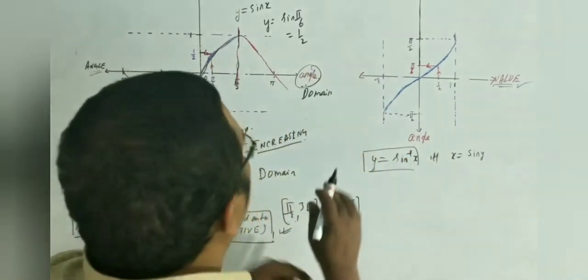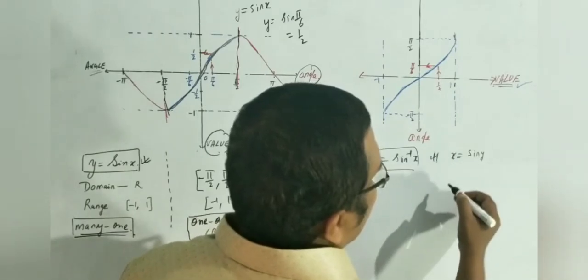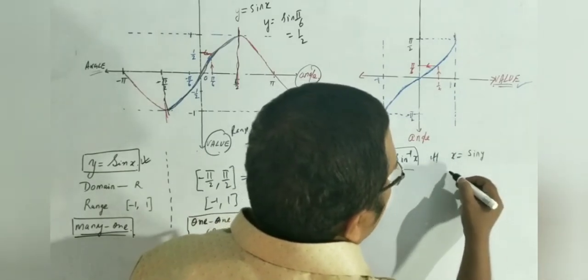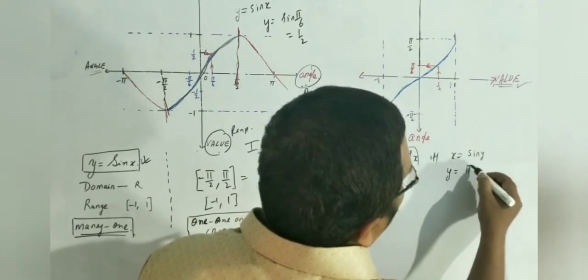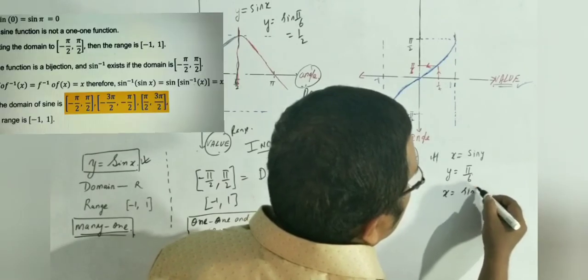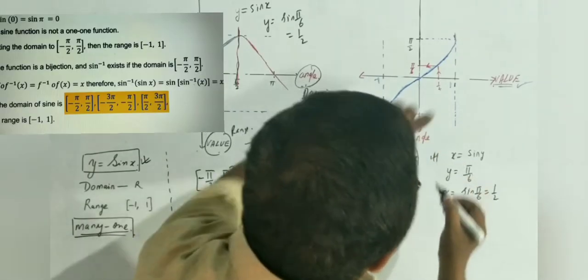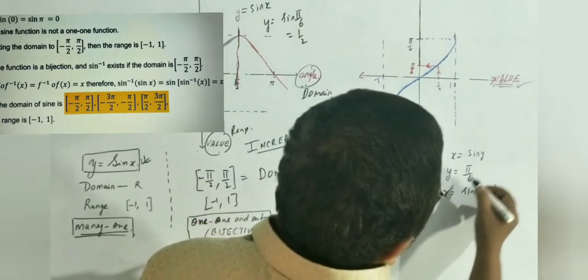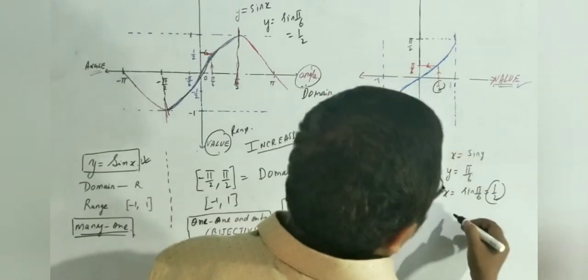Just the reverse. And if this part of the graph I plot here, x is equal to sine y, that is, if I take y is equal to pi by 6, then what is x? It is sine pi by 6, 1 by 2. So pi by 6, 1 by 2.